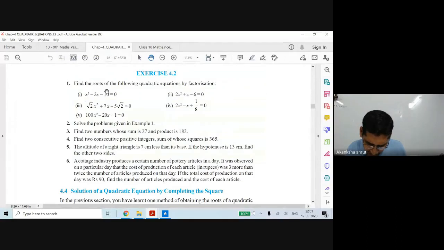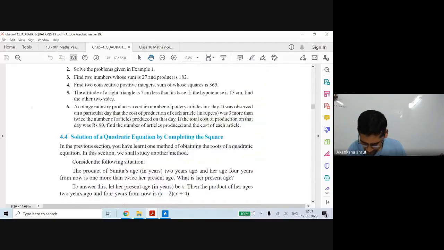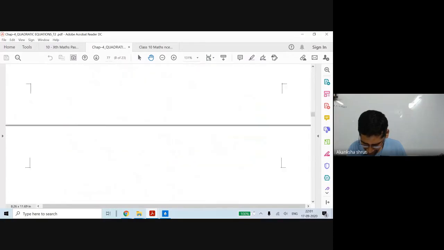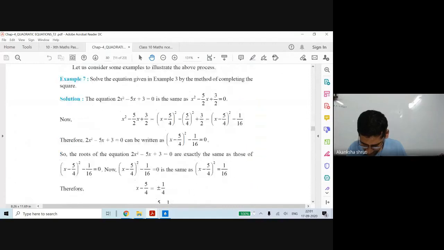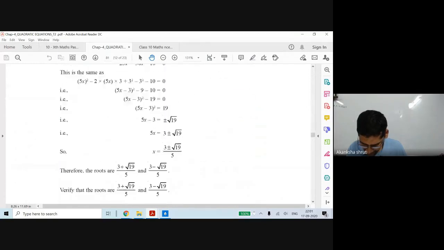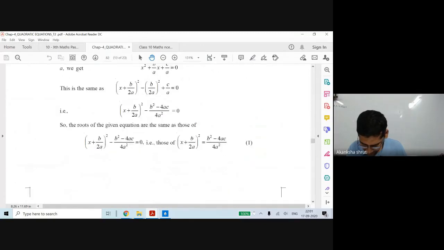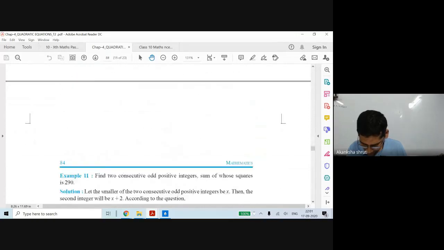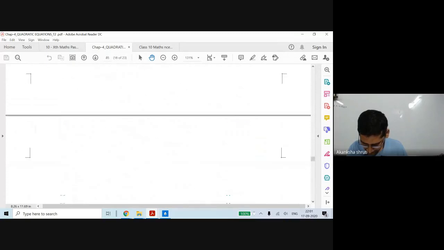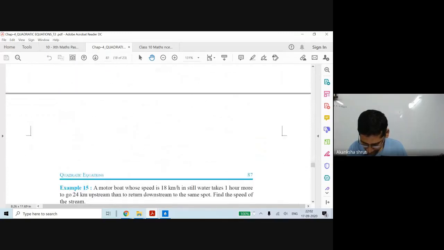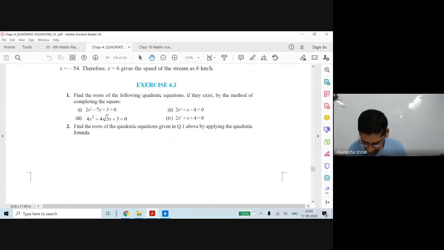(4.2) Find the roots of the following equation by factorization. This we have done. 4.2 we have also done. Completing the square we will discuss at the end, so that part we can leave for a moment.